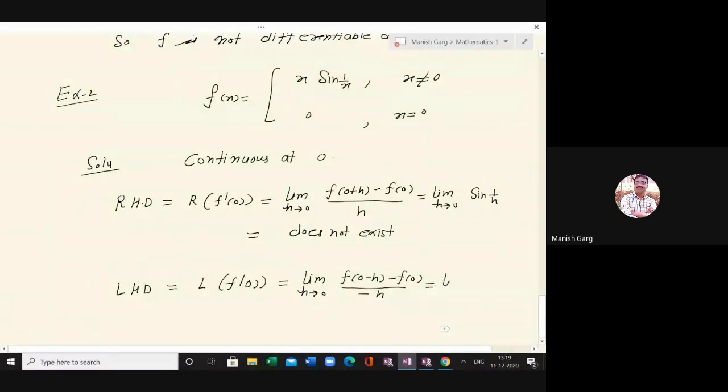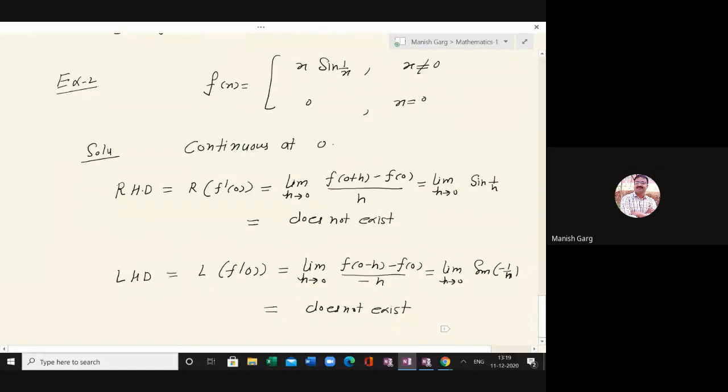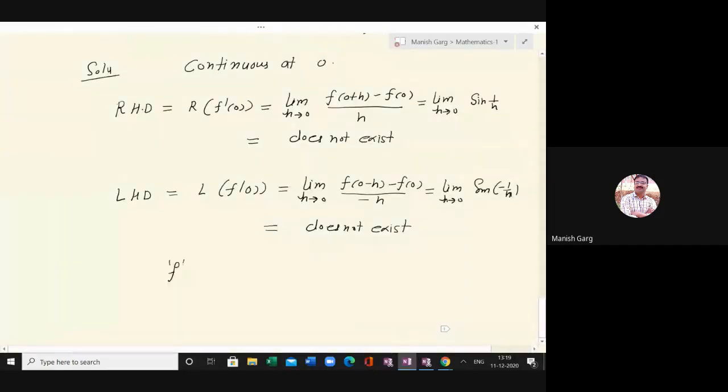This will be the limit as h tends to 0 of sine minus 1 upon h. Again, this limit does not exist. So here f is not differentiable, but f is continuous.